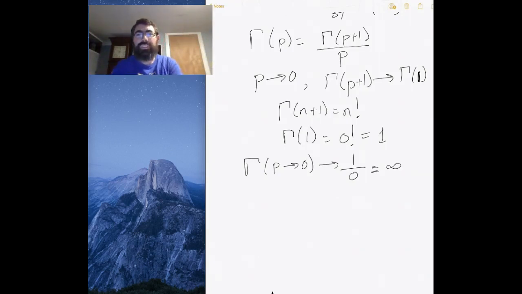So if you want to figure out what gamma 0 is, basically what you're doing is you're asymptotically going toward infinity. The shape of the gamma function is that as your number p approaches 0, the gamma function is going to blow up asymptotically from there.